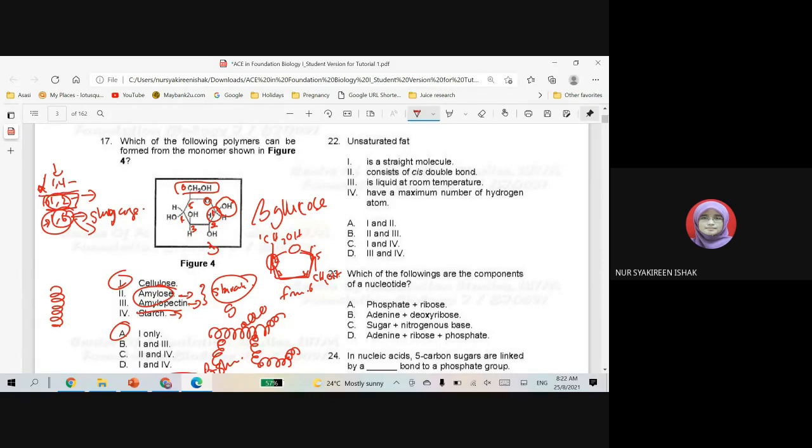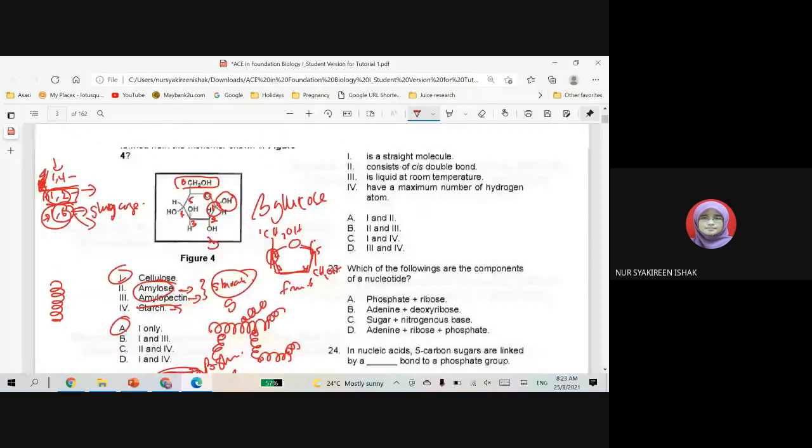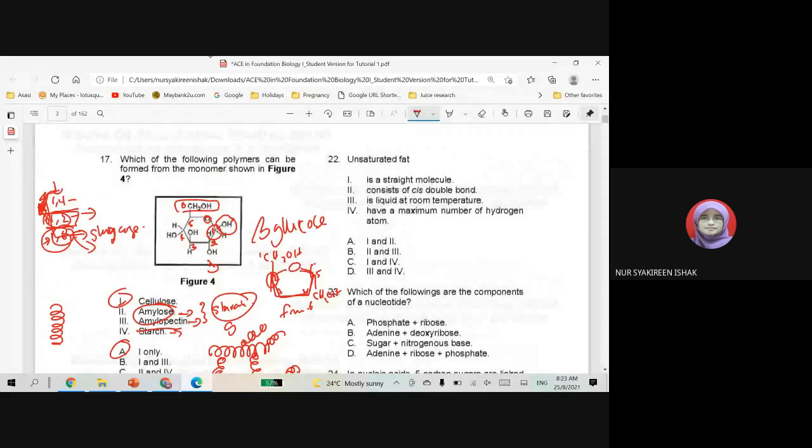But if you are not sure during the exam whether it is alpha or beta, you can omit the alpha and beta in the name. But you must have the 1,4, 1,2, or 1,6.